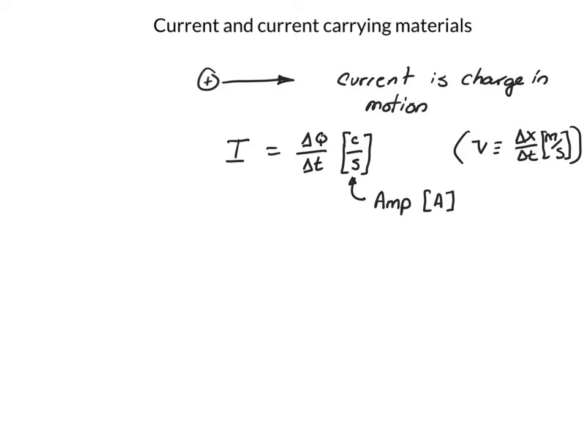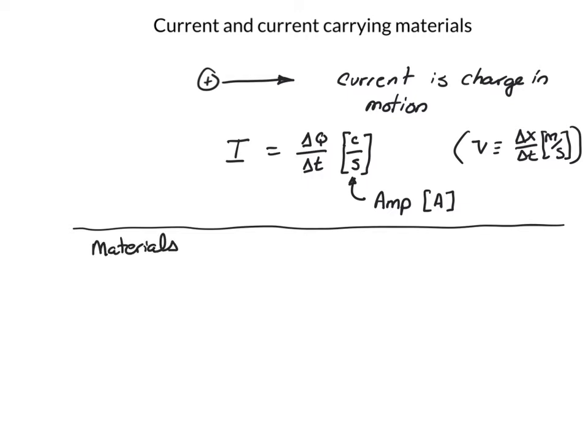Now, that's really all there is in current. But we could start talking about where current's moving. So that kind of switches us to materials. So let's try conductors. An example, copper or aluminum.